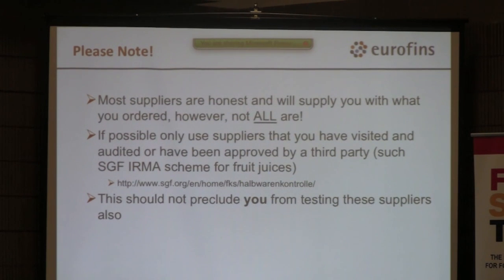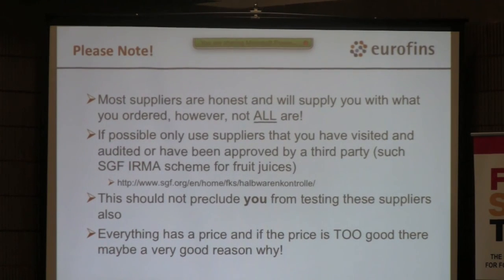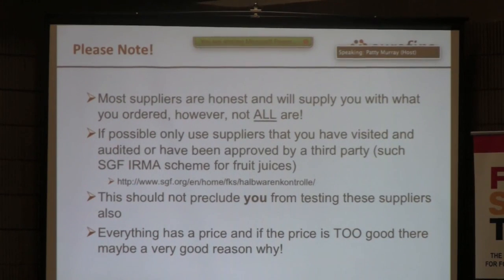However, if you are auditing, you still need to do supplier verification, so you still need to test. And always tell your buyers everything has a price. And if a price is too good, then there may well be a very good reason why the price is too good.